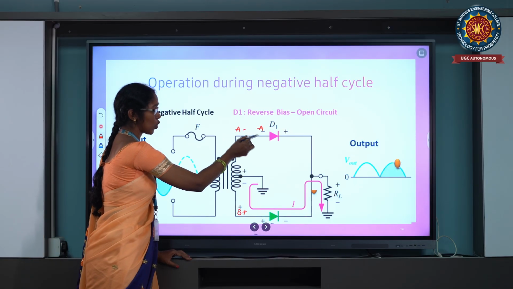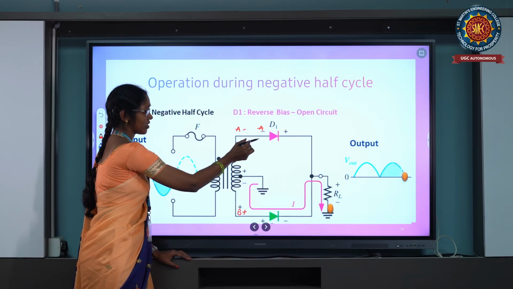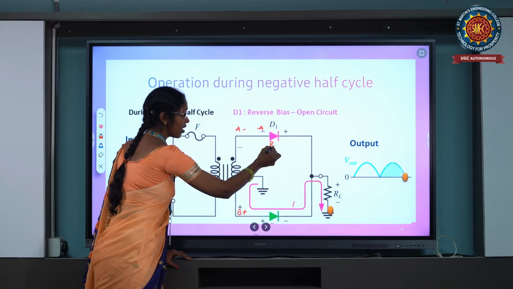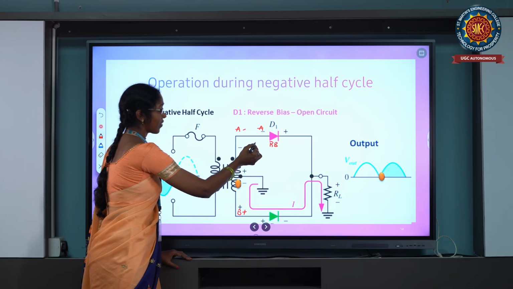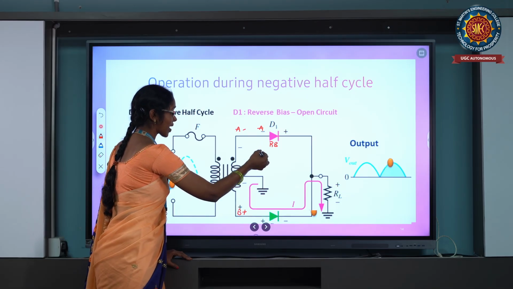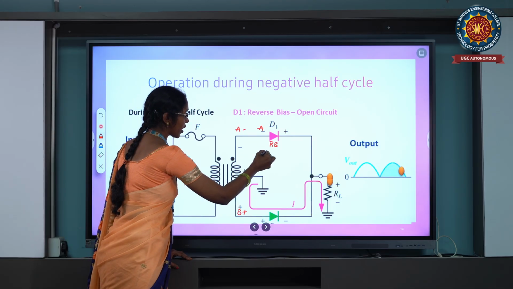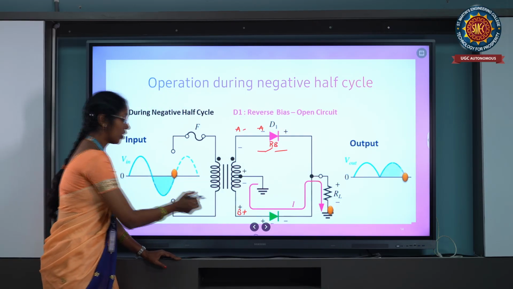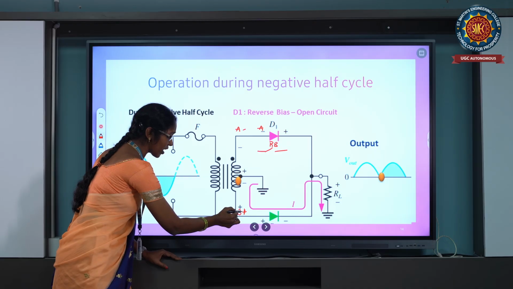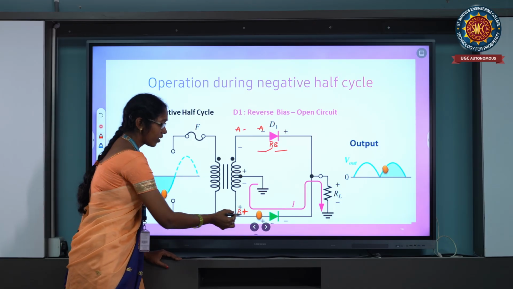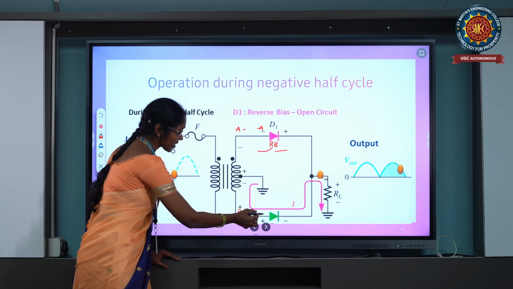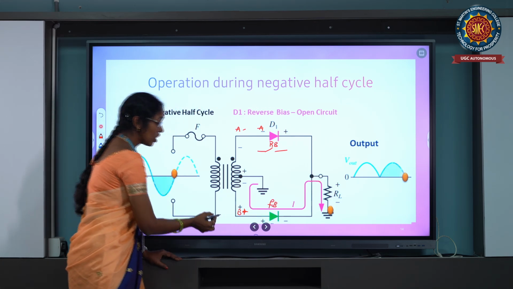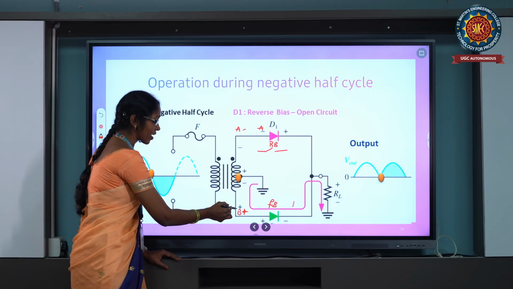Due to that negative voltage, diode D1 is in reverse bias mode. That reverse bias mode makes the diode act as an open switch. Due to the positive voltage present at the B terminal, diode D2 is in forward bias mode and acts as a closed switch, and it conducts.